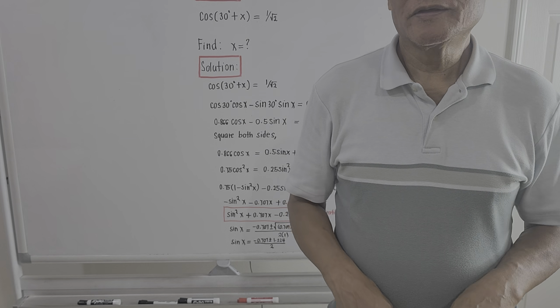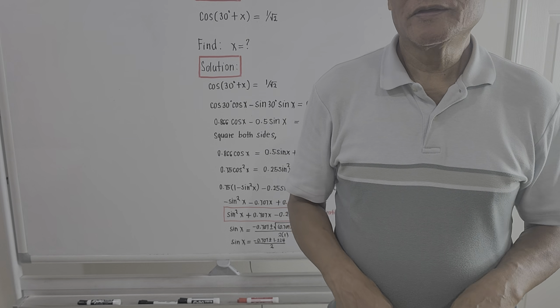Solution. We rewrite the given trigonometric equation, and this is under one quantity, right? 30 degrees plus x. So to bring out the expansion of this one, that's the key to the solution of the problem.